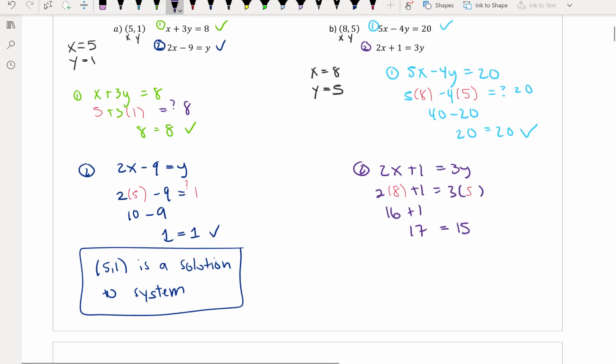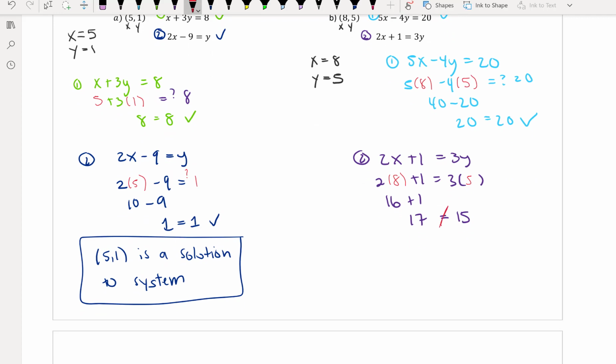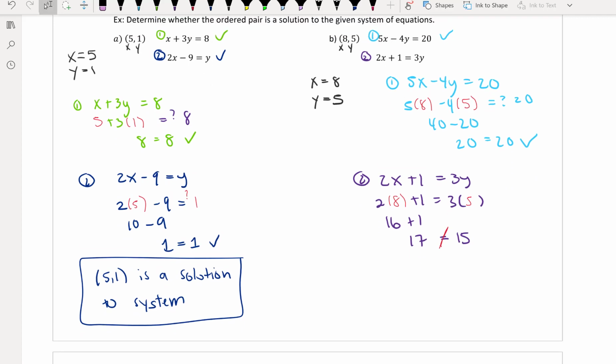So 17 and 15 are not equal. This was false. So what we say is that the ordered pair 8, 5 is not a solution.